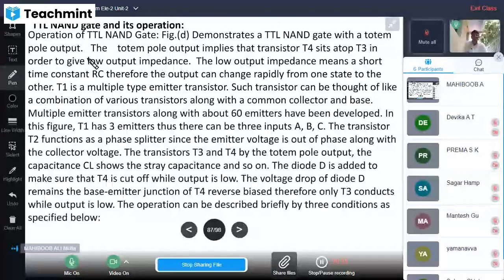This is used for impedance matching. A low output impedance means a short RC time constant. Therefore, the output can change rapidly from one state to another. This is the importance of TTL, that is, the totem pole.